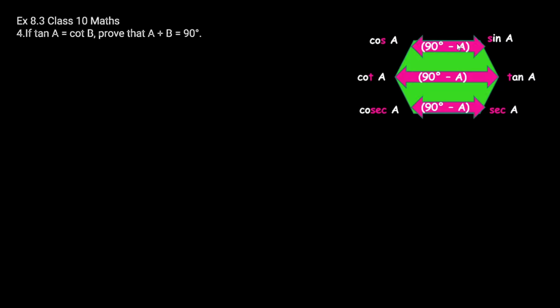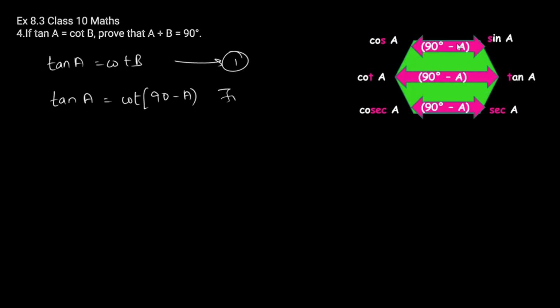Problem number 4, the same thing we are going to do. First, mark the given equation as equation number 1, cot b. Now use the identity. Tan a can be written as cot of 90 minus a, right, from the identity. See here, tan 90 minus a is cot a, right?